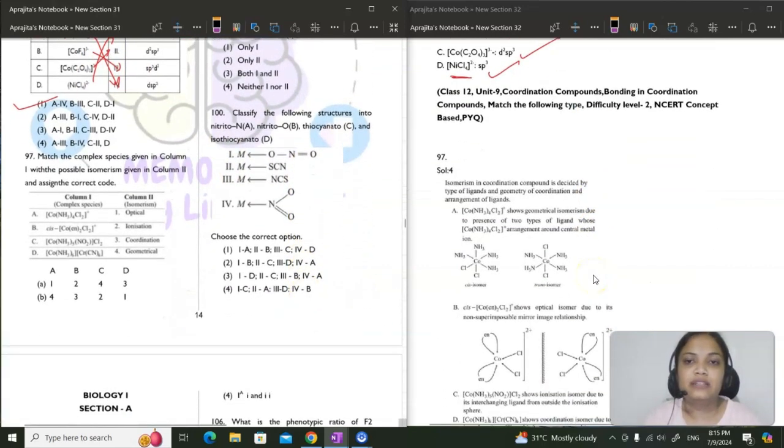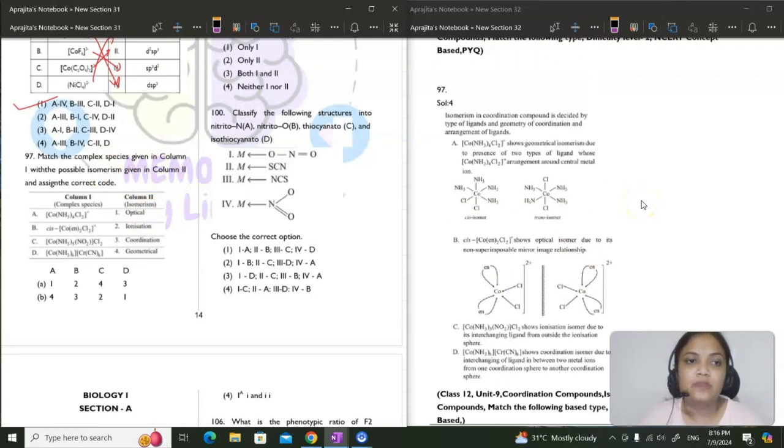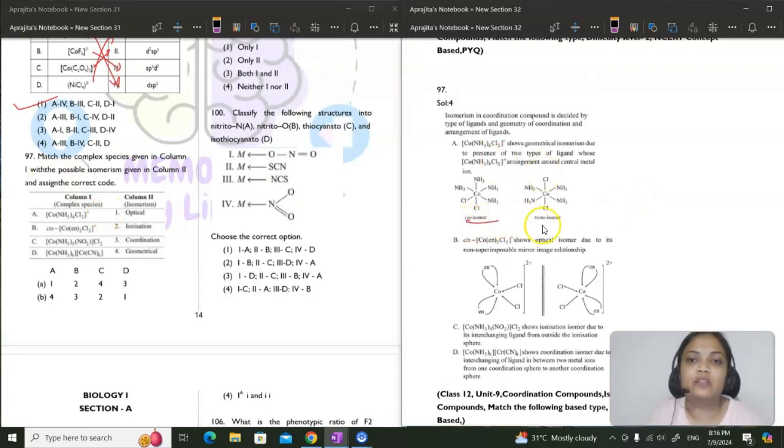Question number 97. Again, you have to match the given complexes with the type of isomerism. For the first one, it will show optical isomerism and cis-trans isomerism. The second one, I think the question is repeated, right?